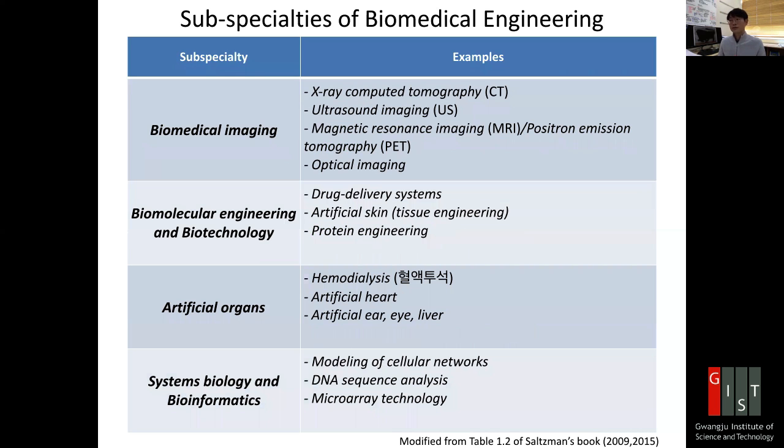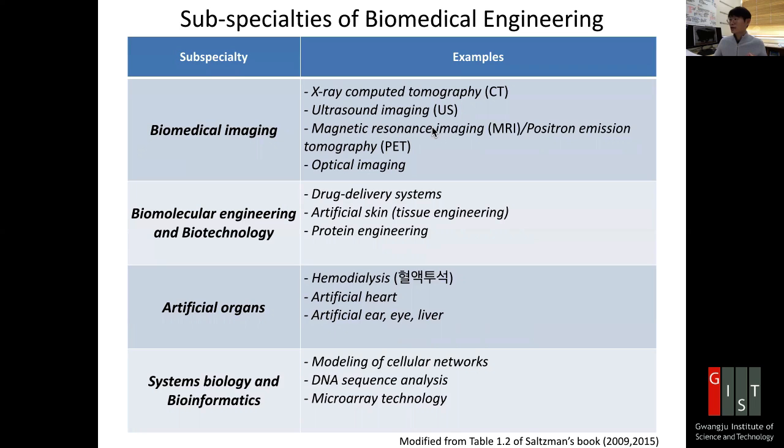Other kinds of subspecialty, for example, biomedical imaging. You probably have heard a lot of X-ray and CT, which are typically required for a regular exam. And another is ultrasound imaging, the use of sound to build 2D or 3-dimensional shapes inside our body.